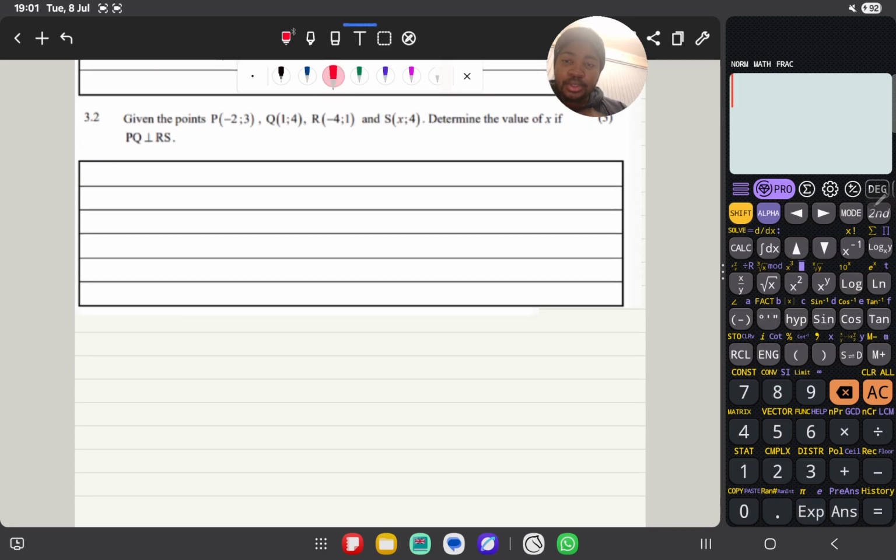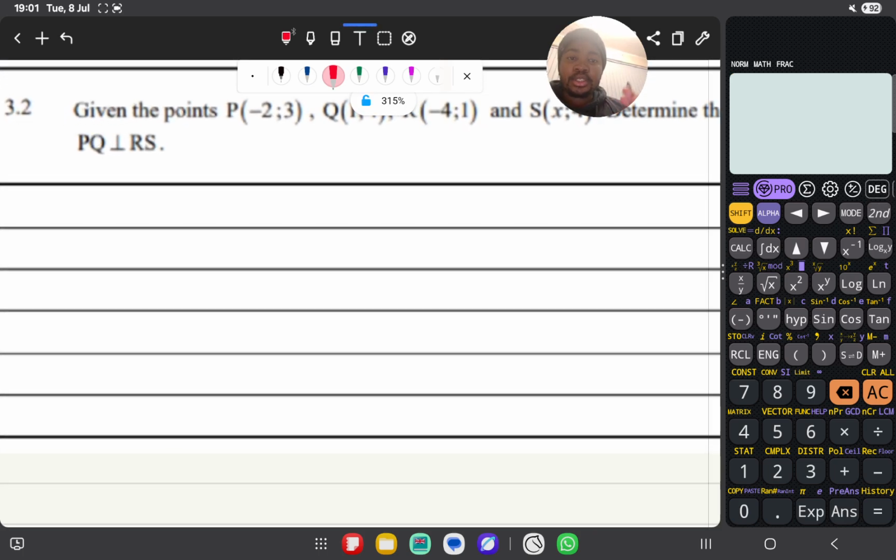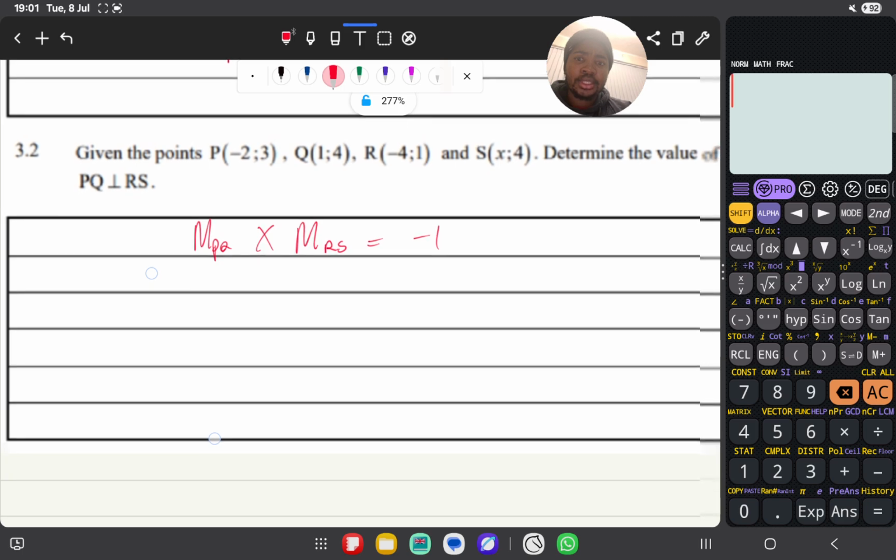Cool. So to work this out, they told us that the two lines are perpendicular. So I will just start by saying that m_PQ multiplied by m_RS equals -1. That's the equation I'm going to use, and then I'm going to just go down like that until I find the coordinates, right?